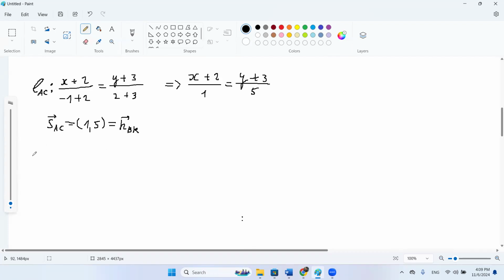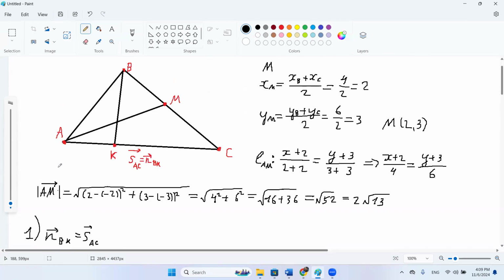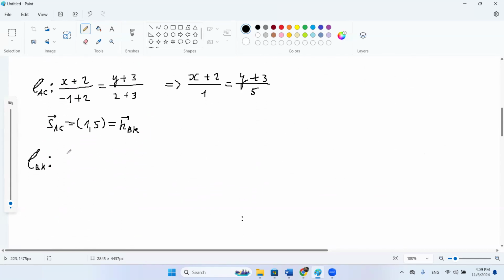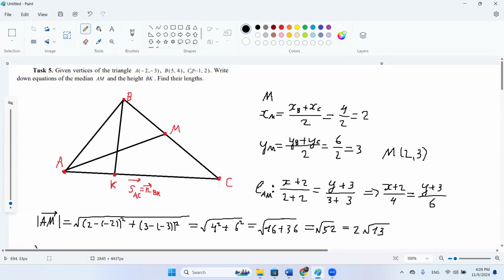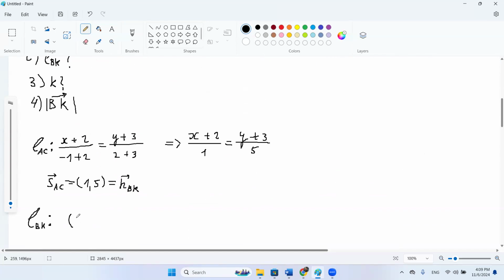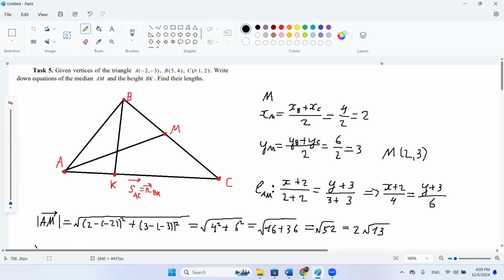So now we will find the equation of BK. We'll write it in the general form because it will be enough for us. So 1 times (x minus 5) plus 5 times (y minus 4).